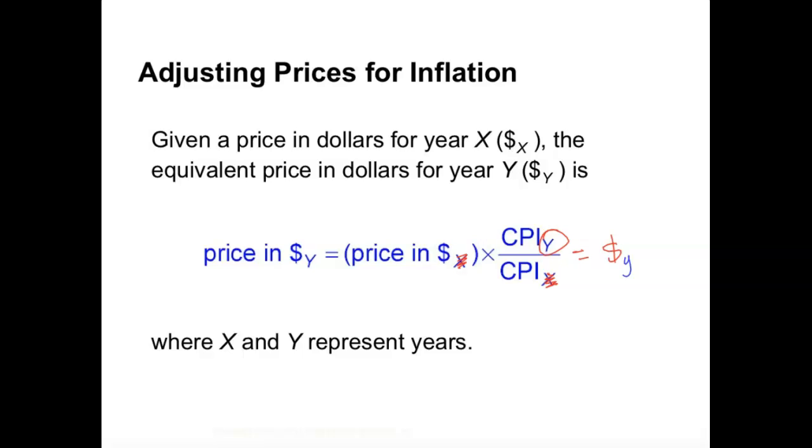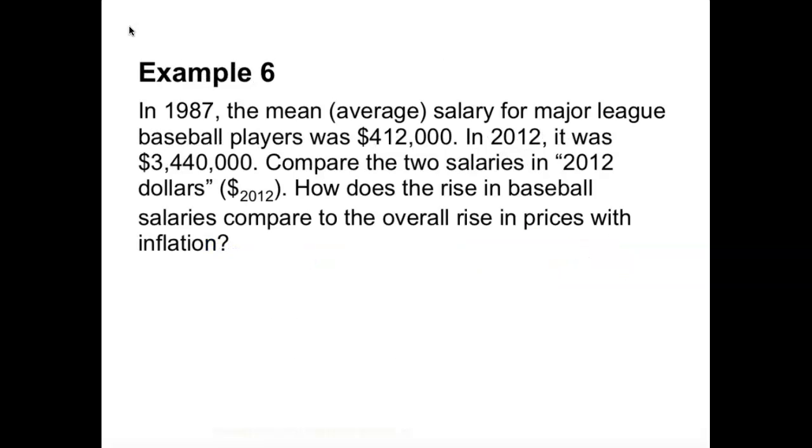All right, I think we got one more example, so I don't want to rush you through this. All right, last example. In 1987, the average salary for Major League Baseball players was $412,000.